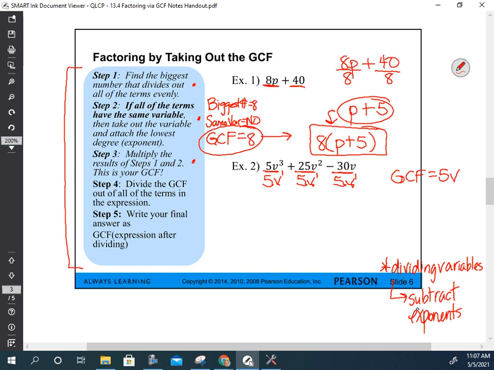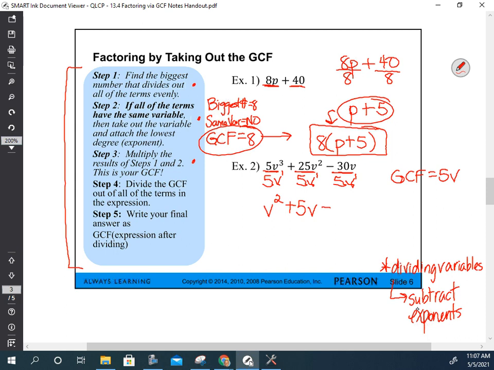So you have 5 divided by 5 is 1. v, 3 minus 1 is 2. Plus 25 divided by 5 is 5. 2 minus 1 is 1. So 5v.